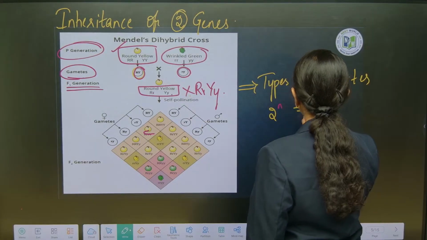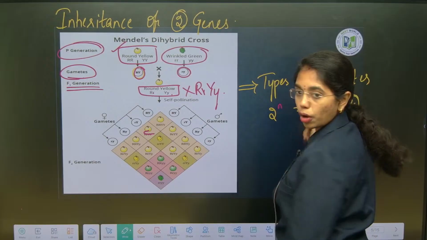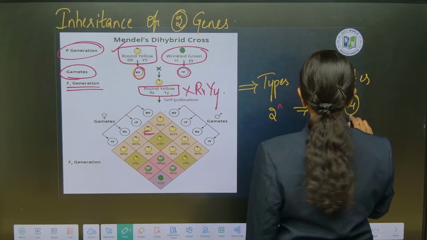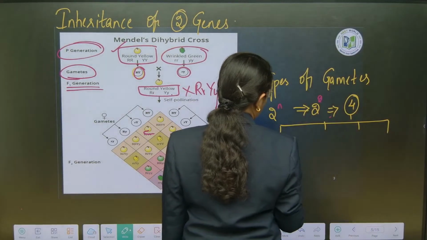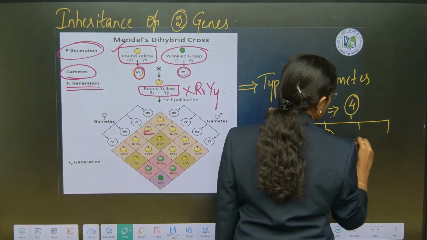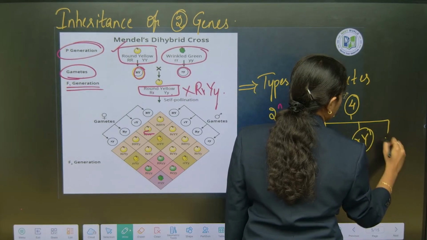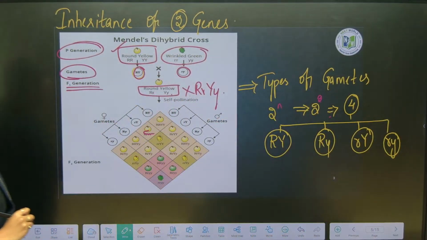So 2 to the power of 2 will give you 4. On total, 4 gametes are there. Now you see all the different types of gametes: capital R capital Y, capital R small y, small r capital Y, small r small y. 4 types of gametes. Clear, right?